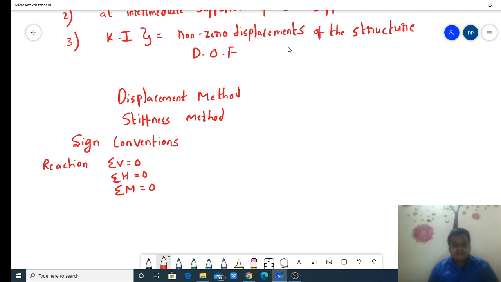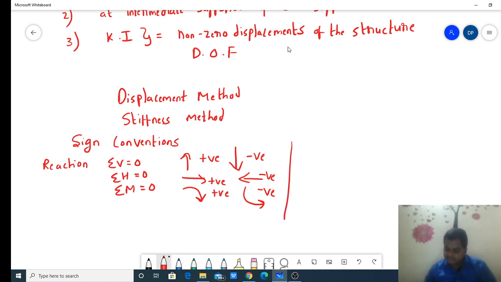Whenever the forces are upwards, I consider them positive; downward, negative. To the right side, positive, and to the left side, negative. For moments, clockwise is positive and anti-clockwise is negative. So this is with respect to reactions.